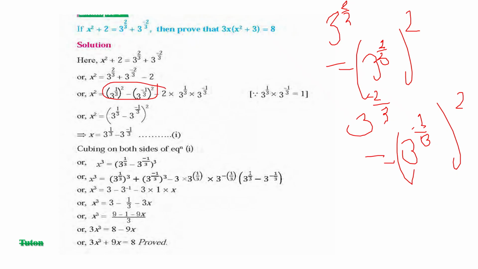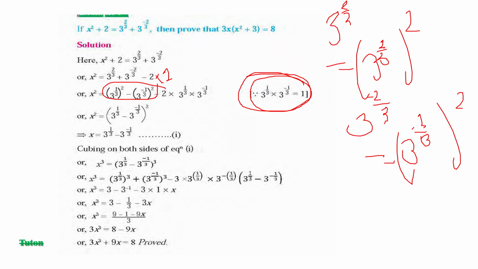And as we also know, 2 multiplied by 1 will also give a 2, and we will be using this logic as indicated in this bracket. And 1 is equal to 3 to the power 1/3 multiplied by 3 to the power negative 1/3, which would also give a 1.